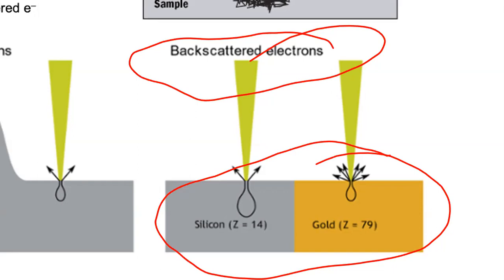So when the incoming electron enters the silicon, the same energy electron can enter much deeper into the silicon sample in comparison to gold. Gold will stop it much earlier and scatter it back. That's the reason it will scatter.